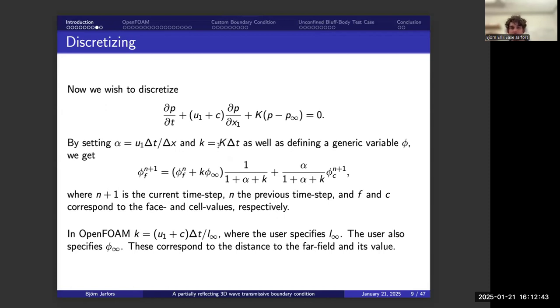That's supposed to be sort of like a spring stiffness constant or a relaxation coefficient, multiplied by the time step size, which is multiplied by this far field value, which is set by the user.